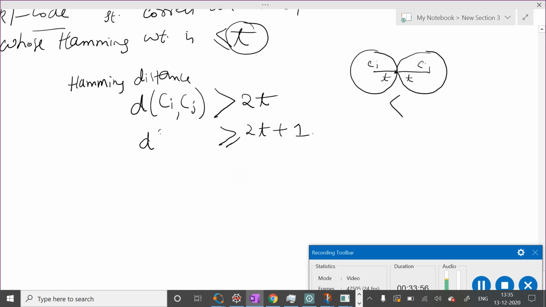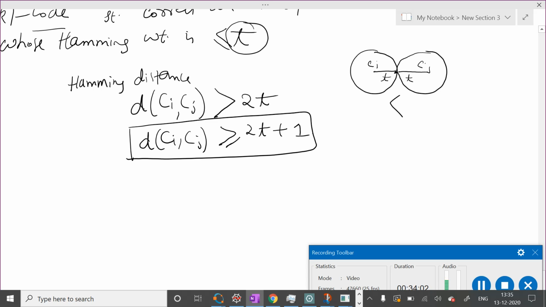So this is an important design characteristic of a code. If you want to design a code, it should satisfy this property. Okay, and it will be able to correct all t errors. That is very important. See why?